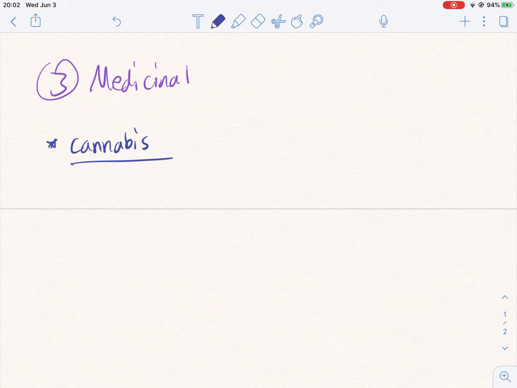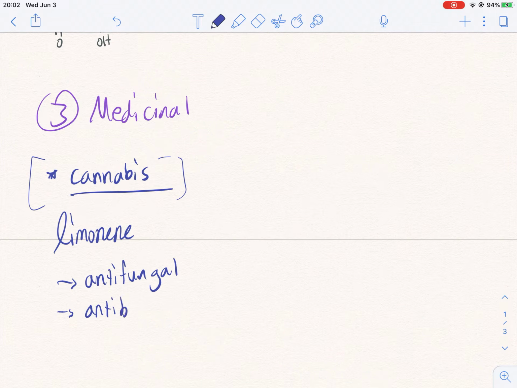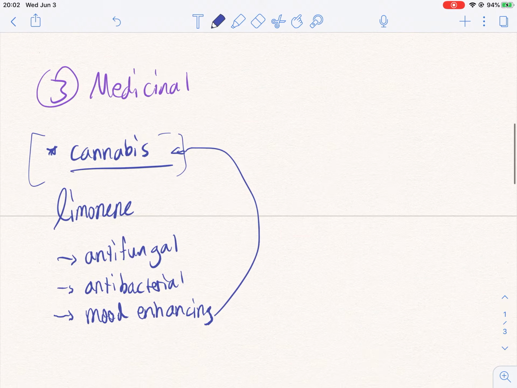But specifically what scientists have found, not just with cannabis, but in general with limonene, is it's antifungal, it's antibacterial, and it has mood enhancing properties. A lot of this mood enhancing property has to do with its involvement in cannabis. But as we can see, this terpene is very, very good for you.